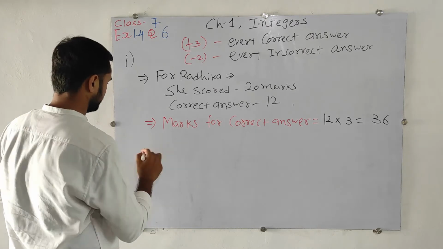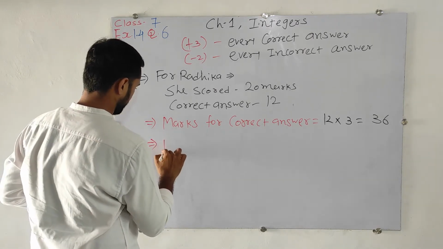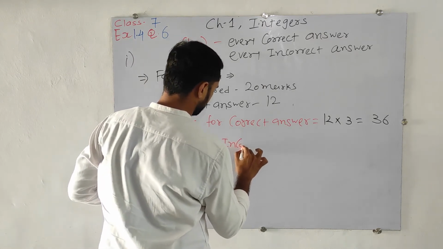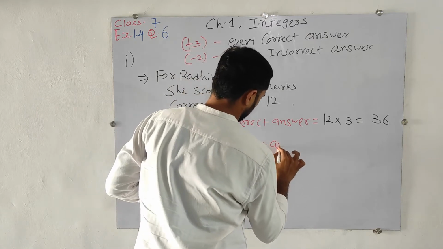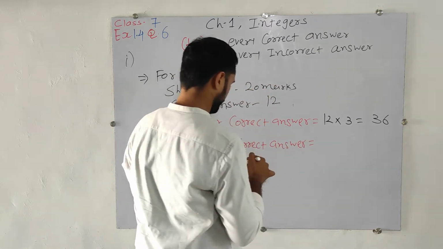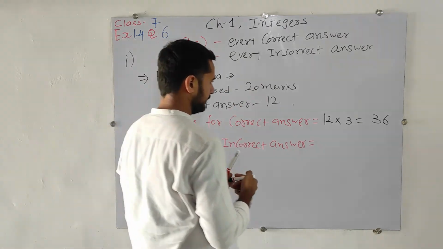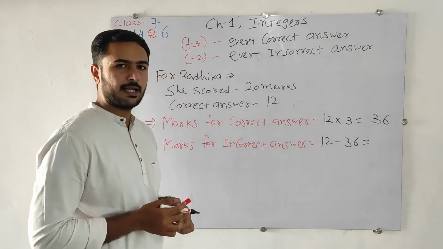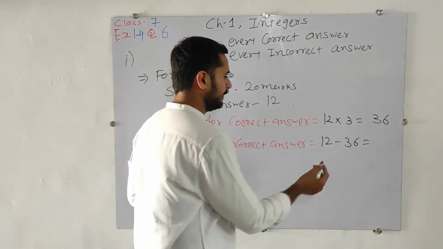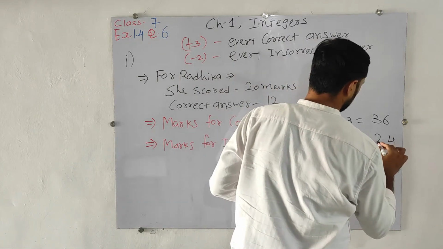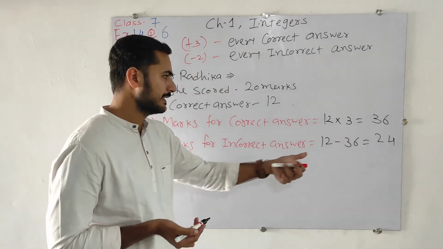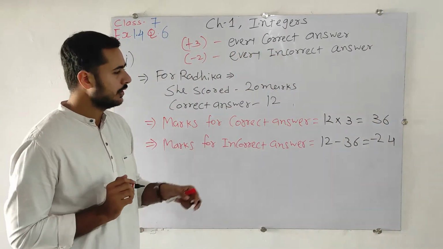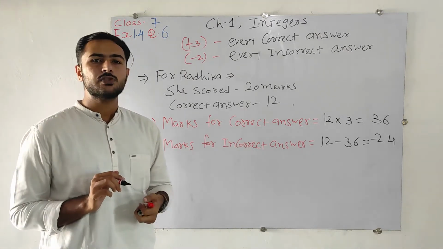So marks for incorrect answer is equal to 20 minus 36, that is plus minus minus. So 36 minus 20, that is 16, with the sign of the bigger number, that is 36, and 36 having negative sign. Okay, so the marks for the incorrect answer, that is minus 16.